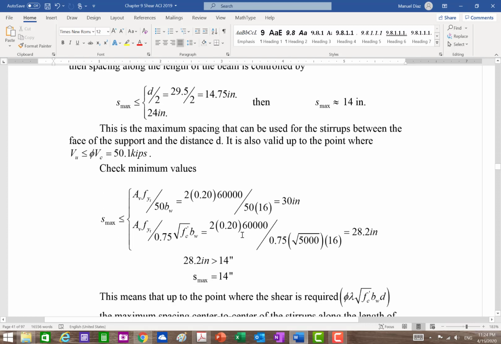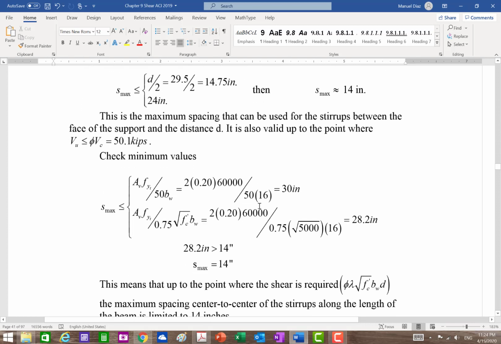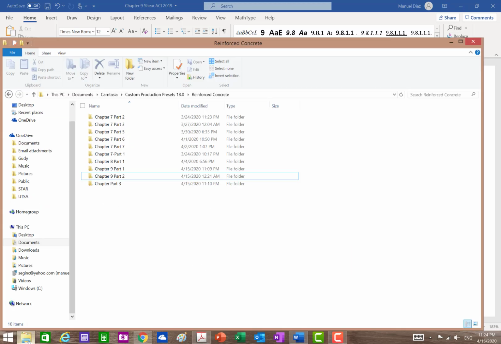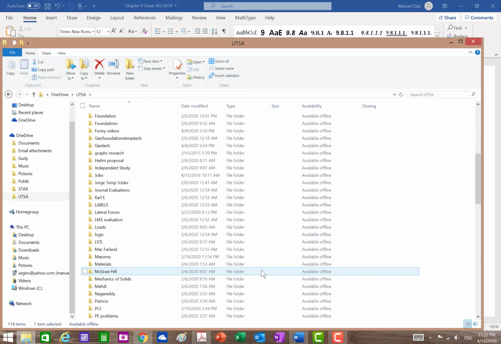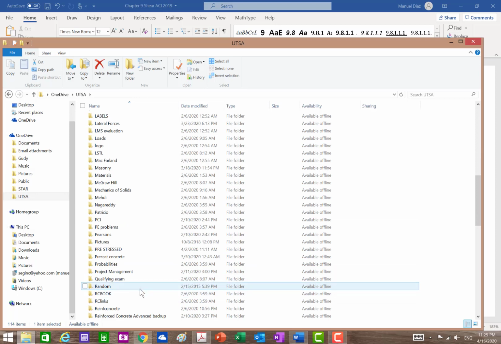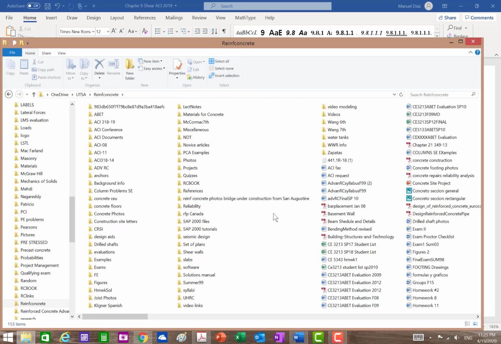You always check minimum values. Just in case. Always. Even though, if you look at your table in your design aids, let's go to the table in the design aids, just to clarify that, because that's where people get confused.